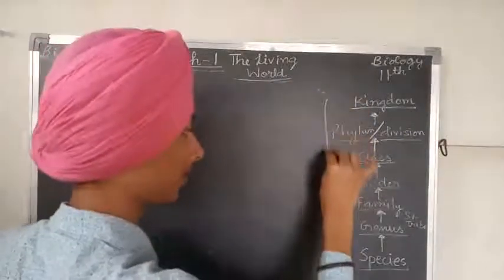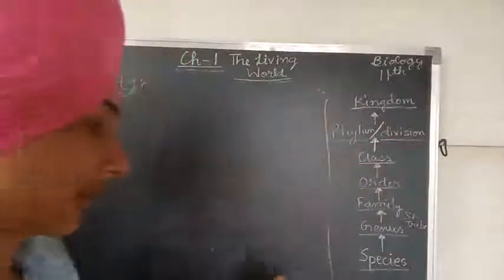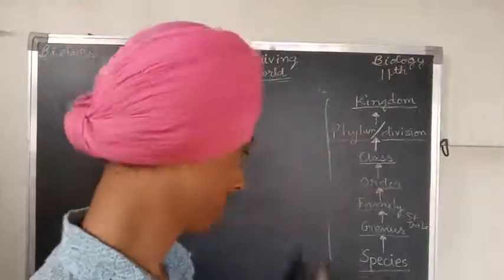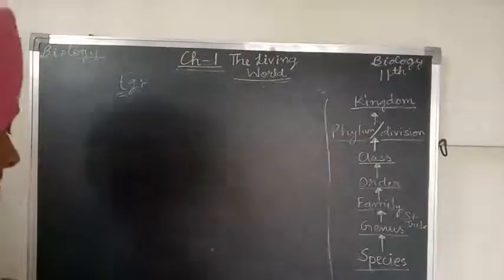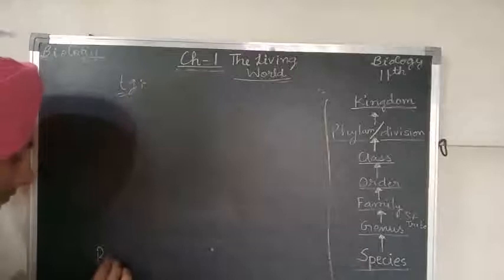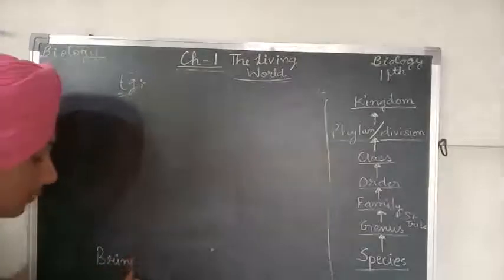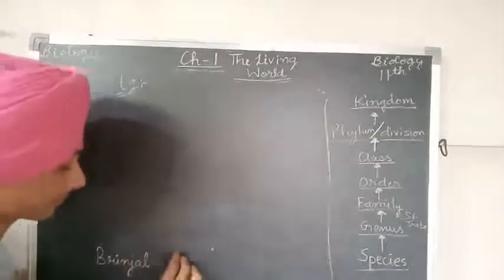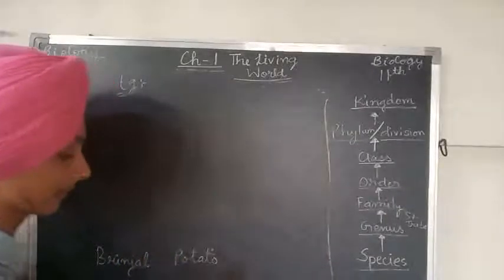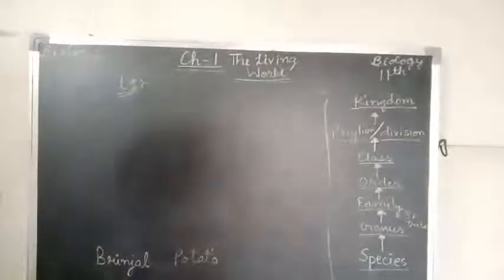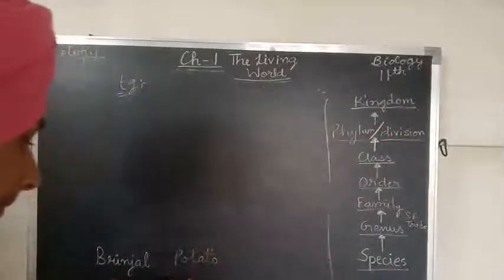We start from the first category, that is species. Let us take the example of brinjal, potato, etc. These two are species.